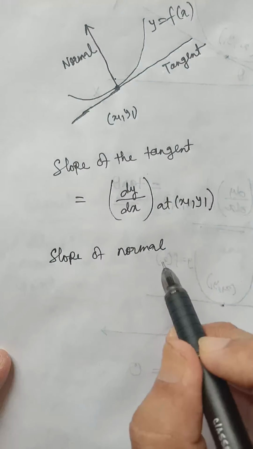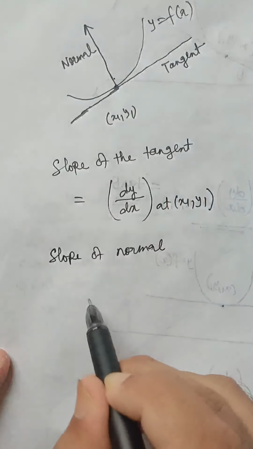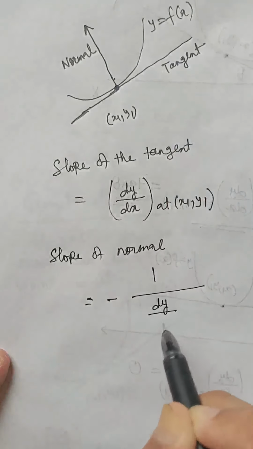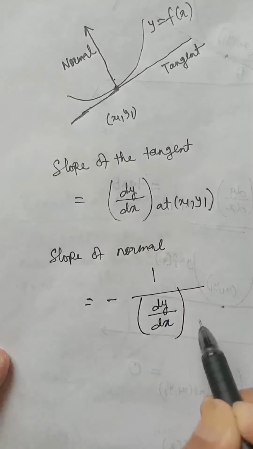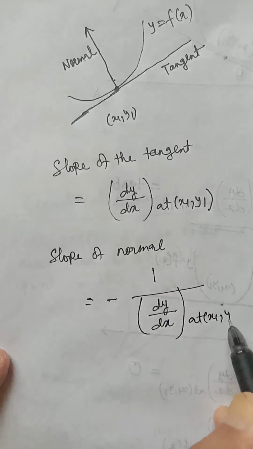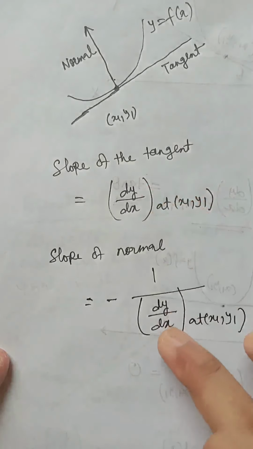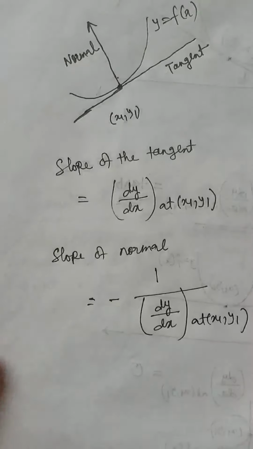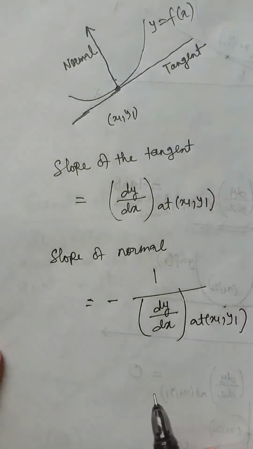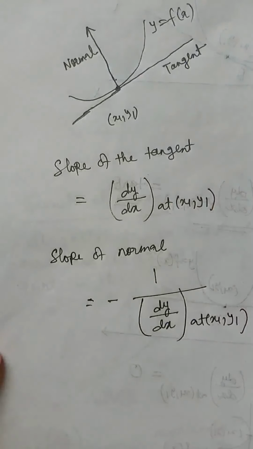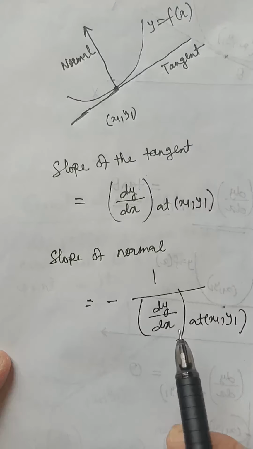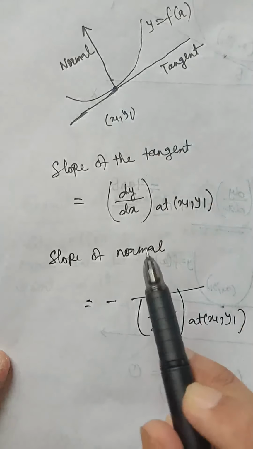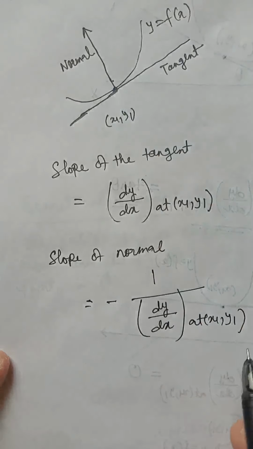So the slope of the normal equals -1 by dy/dx at (x1, y1). If we multiply these two, the answer will be -1, and we know if two lines are perpendicular, the product of their slopes will be -1. So this is the slope of the normal to the curve at the point (x1, y1): -1 by dy/dx at (x1, y1).